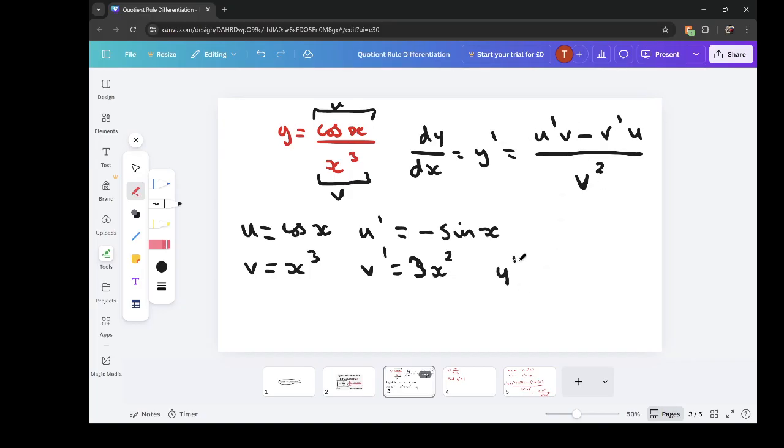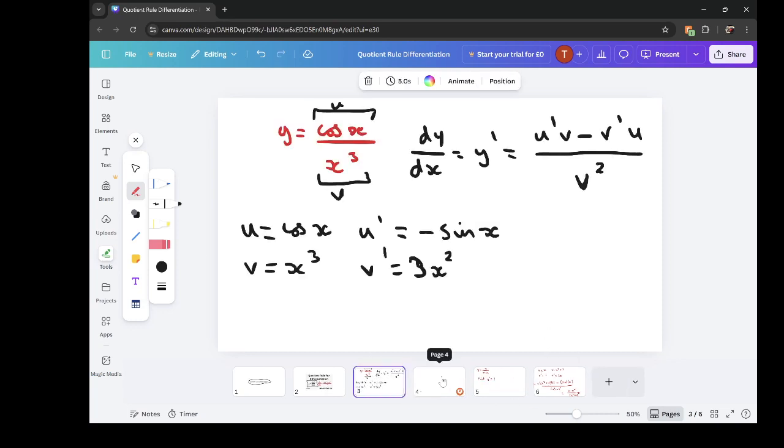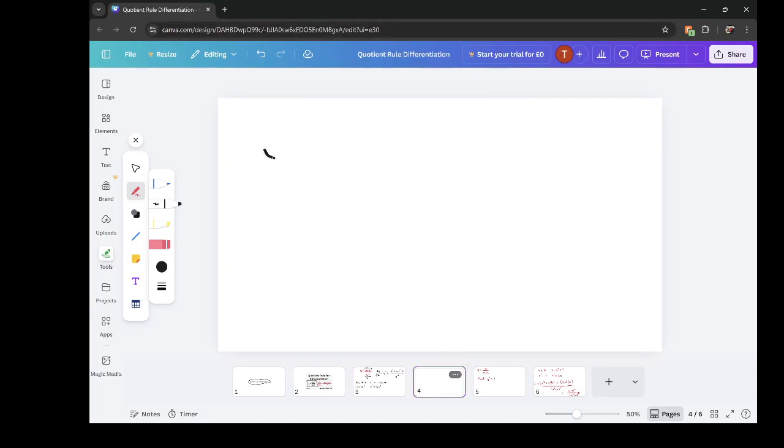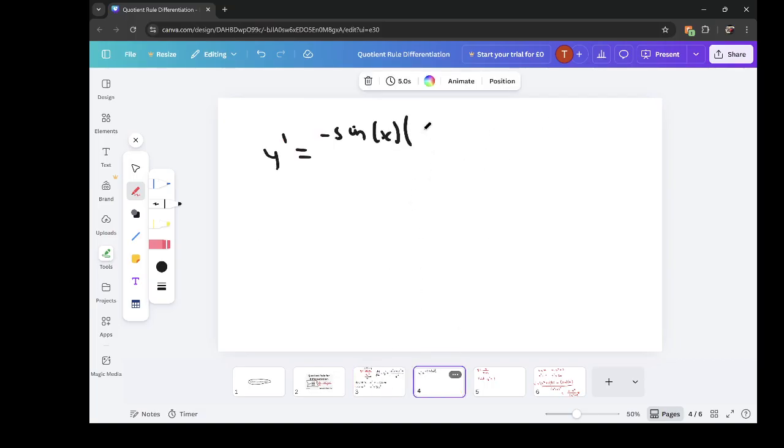Now we apply the rule that we've written down here. So y prime is now equal to u prime, so minus sine x, which is our u prime, times v. So v is what? x cubed. So this is x cubed, right?